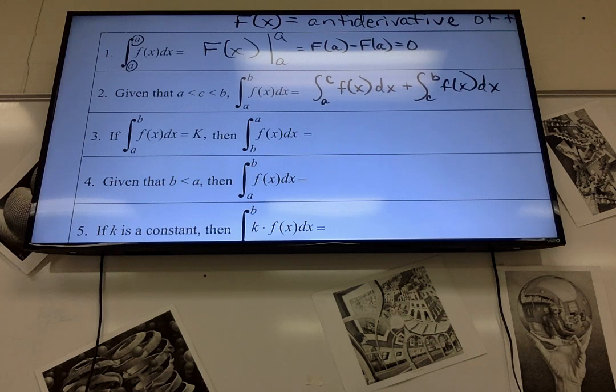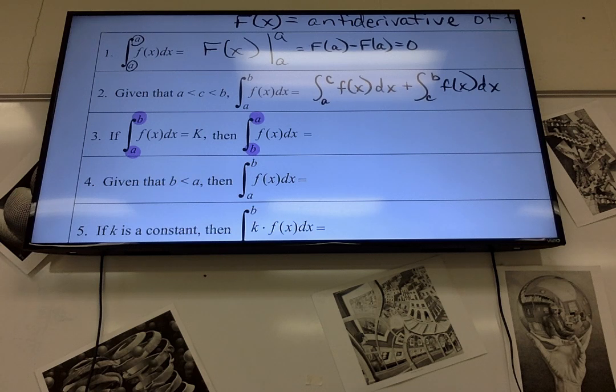Okay, so number 3, the only difference here is the endpoints are flip-flopped. So that means instead of finding the antiderivative or the area under the curve this way, we go from left to right, we'll go from right to left.